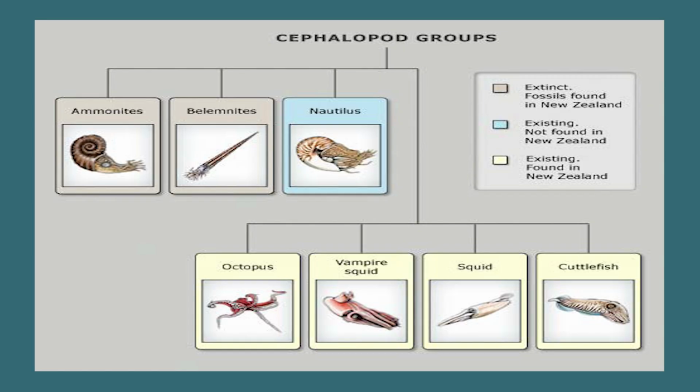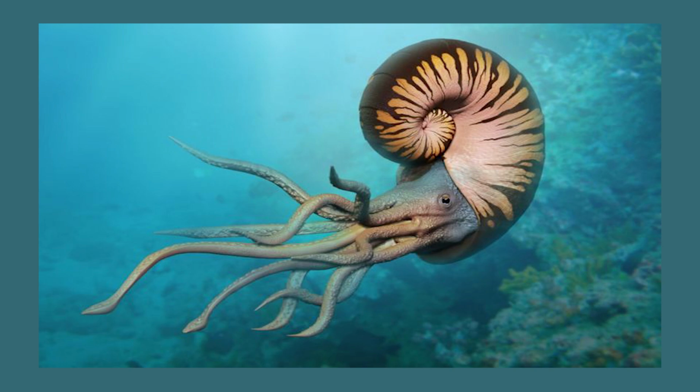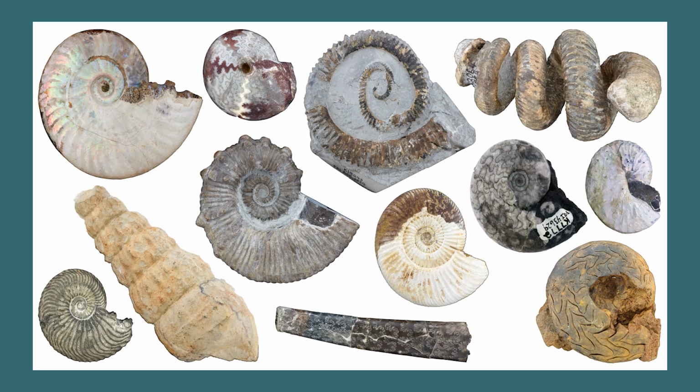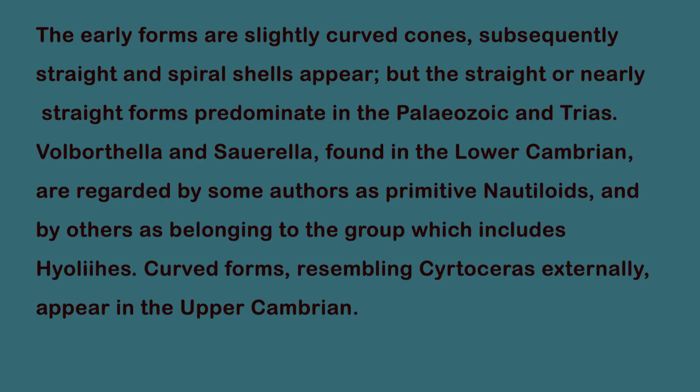This Nautiloidea group appears very early in the geological series compared to their ammonoid counterparts or the dibranchiates. The early forms constitute slightly curved cones, and subsequently straight and spiral shells appear.